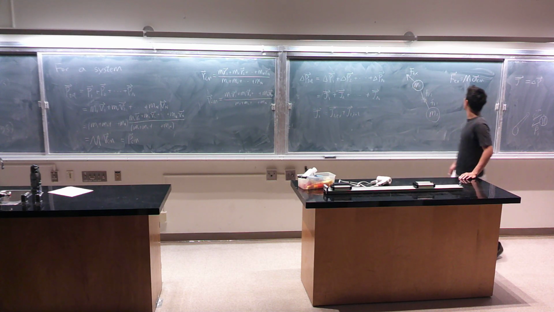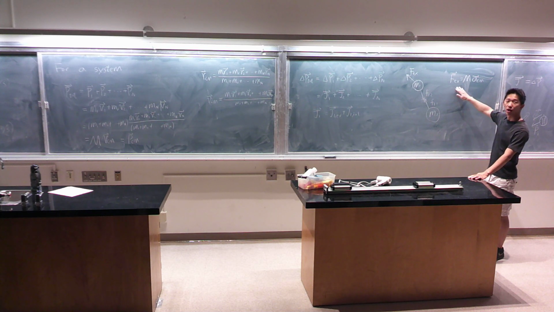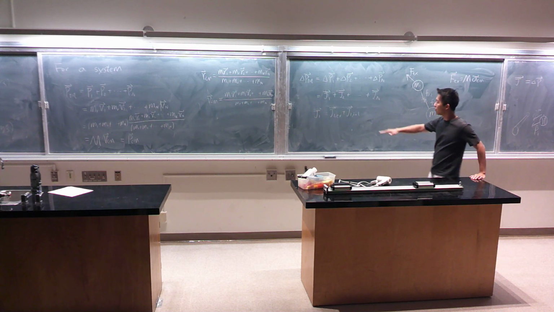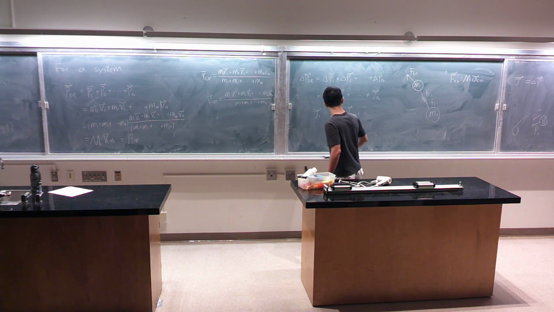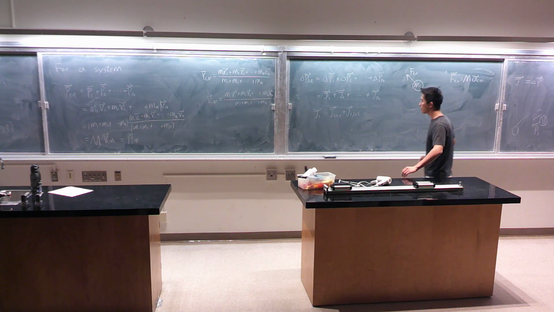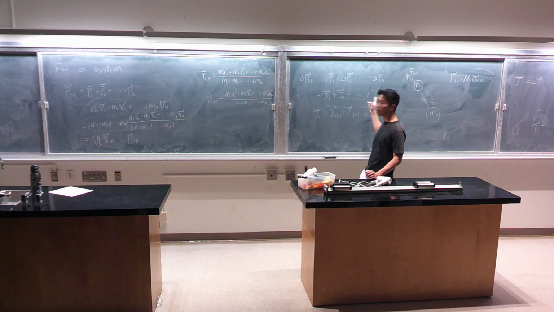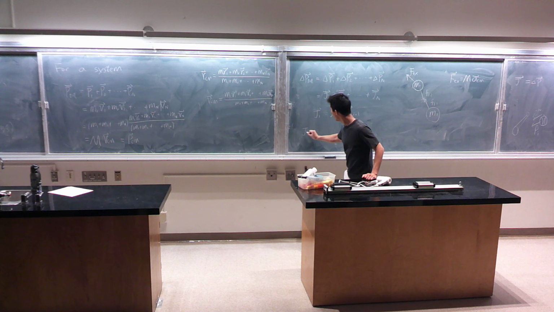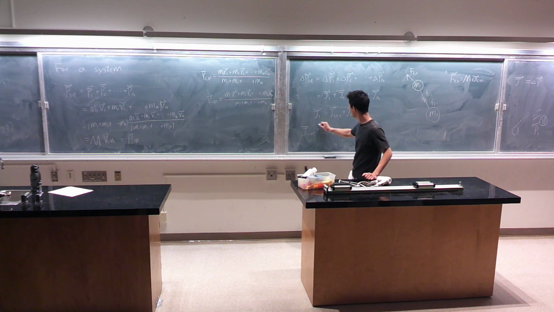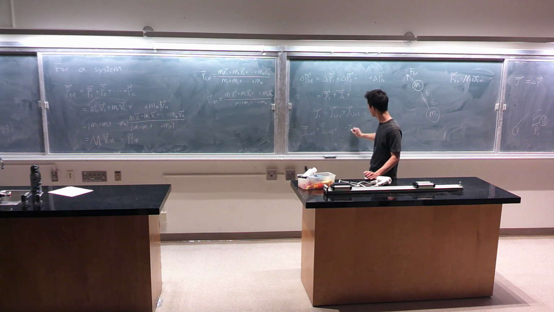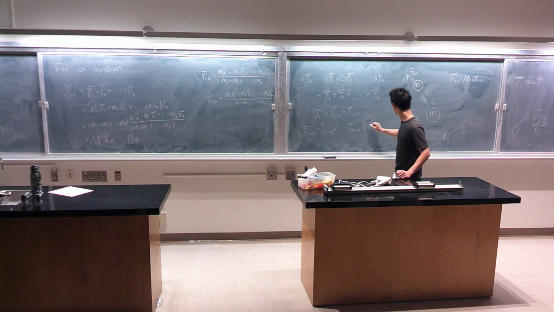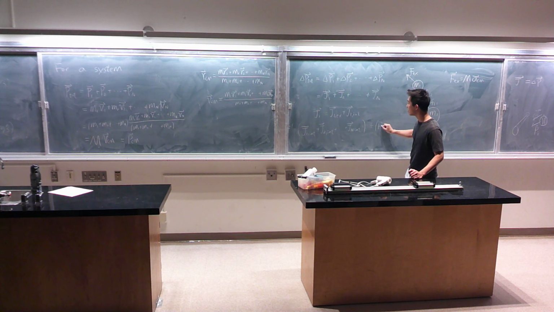Now, if you remember what happened here, the internal force cancels when we add all the forces together. Same with here. When we add all the impulse, the impulse that is caused by internal forces is just the force times delta t.